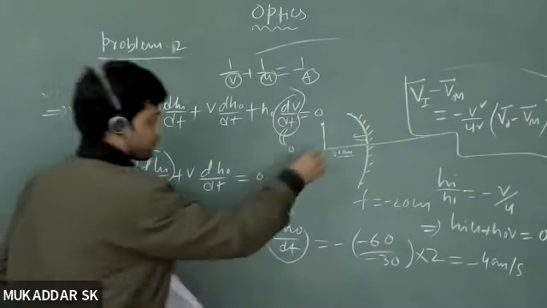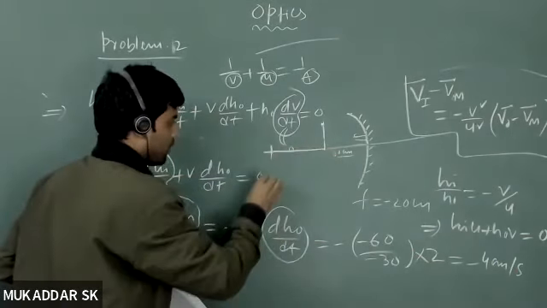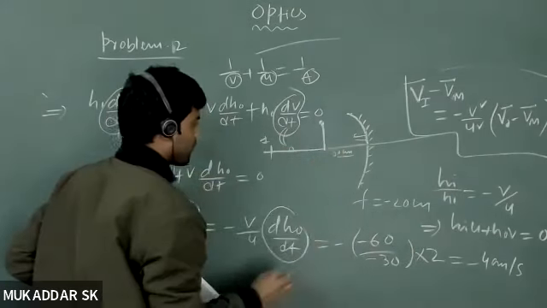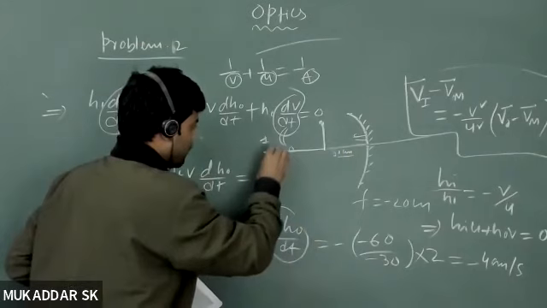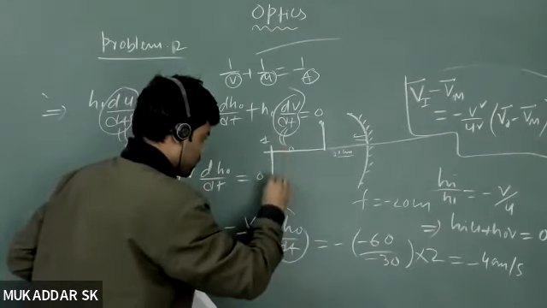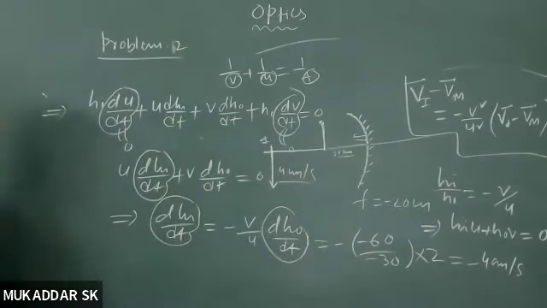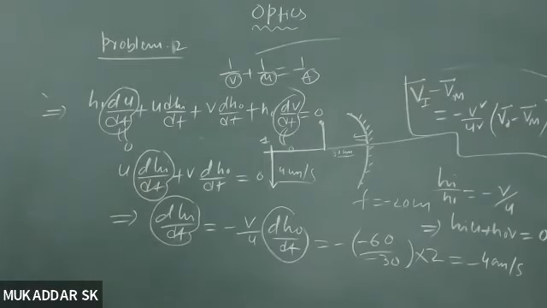When the object is moving upward with speed 2 centimeters per second, your image is moving downwards with speed 4 centimeter per second. Is this part clear? Can you please check?